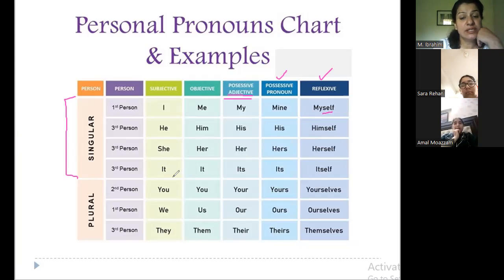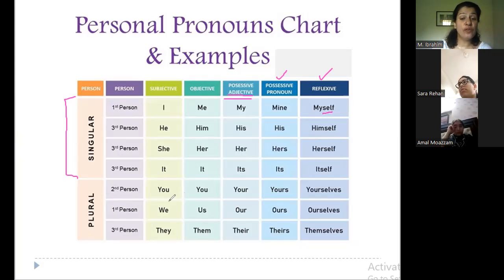Second person, subjective form, it is you, objective form remains you, possessive pronoun becomes yours, and reflexive is yourselves. Yourself or yourselves, okay? Because it is plural, we're writing yourselves. If there is one person, it's going to be yourself.